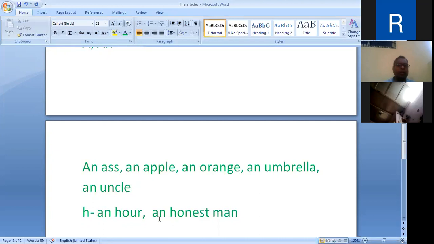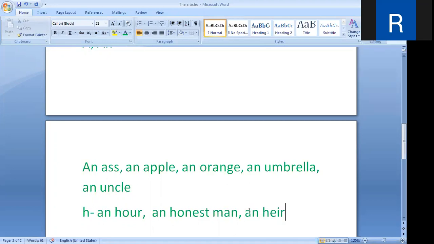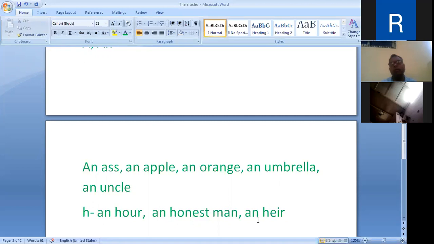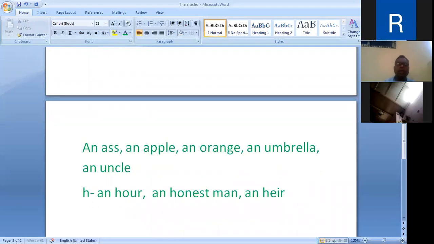Then an heir, an ear. Though this word begins with H, its initial sound is a vowel.